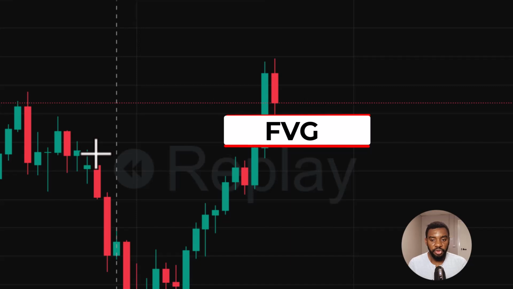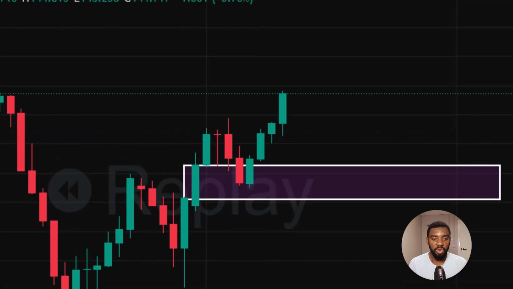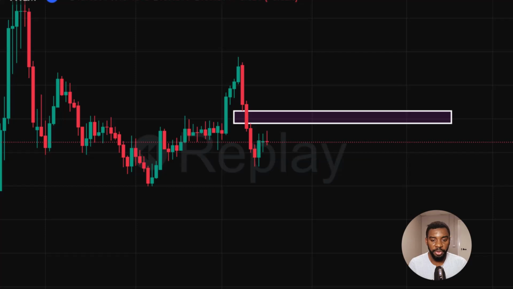Traders and institutions believe the market will fill that gap to reach equilibrium. In practice, bullish gaps suggest strong upward momentum, and bearish gaps, price dropping past the previous open, signal downward pressure.